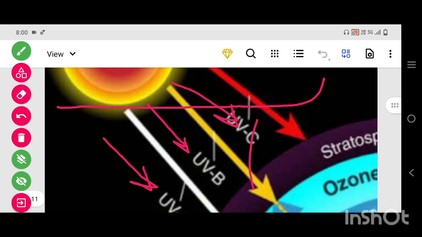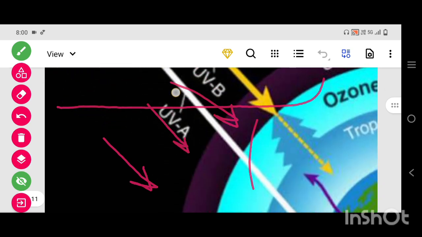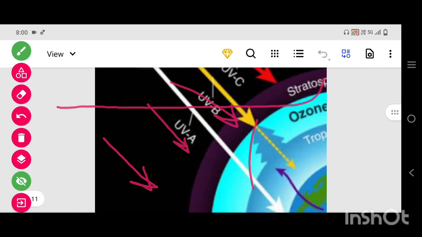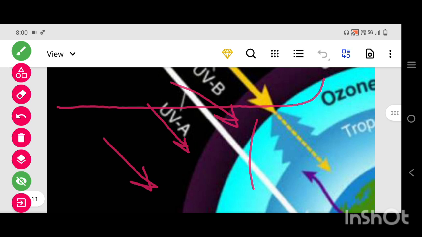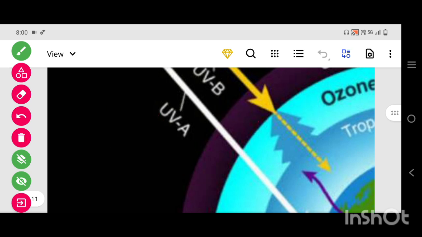The atmosphere acts as a filter. See here in this picture, you can see these rays coming down towards the earth and entering the earth atmosphere. Here ozone gas is present. It acts as filter for all those harmful UV radiation coming out of the sun.